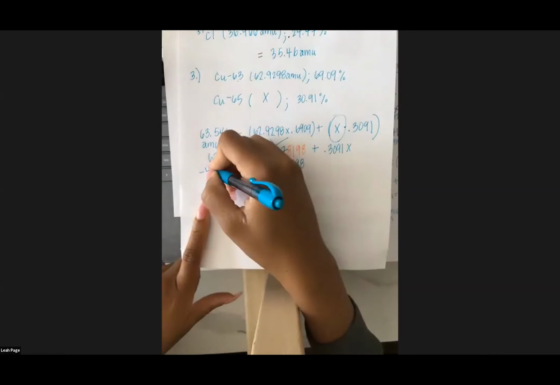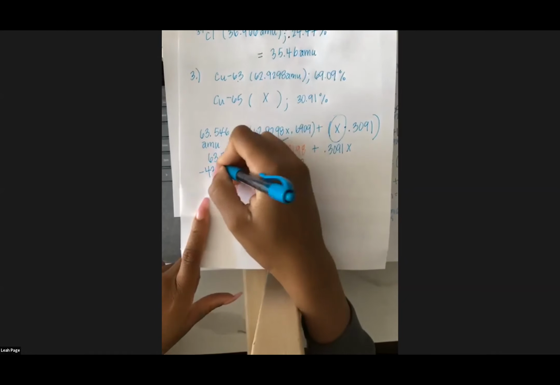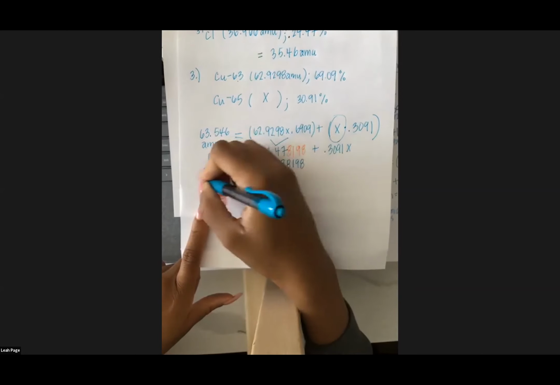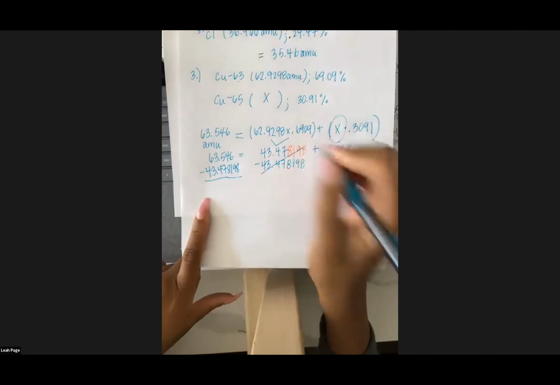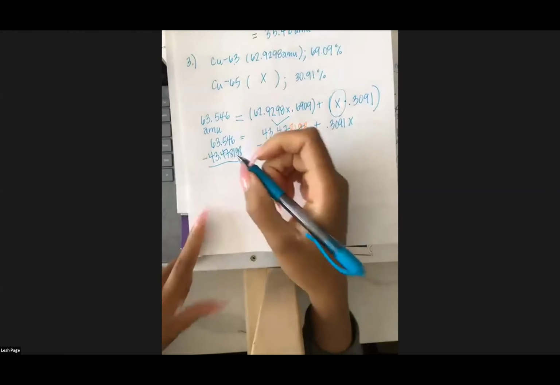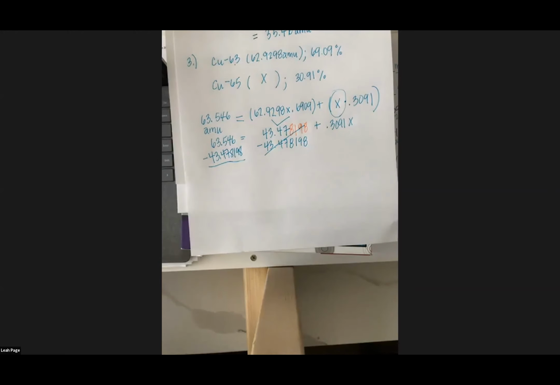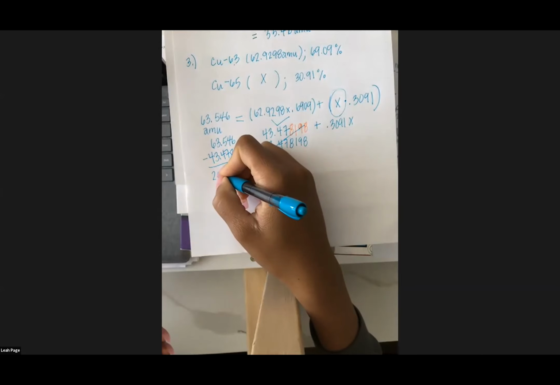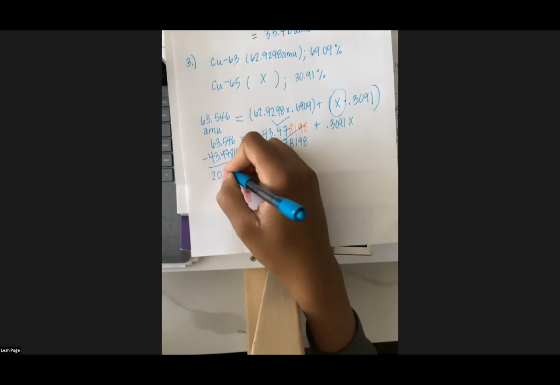What is this, 43? All right, when I subtract them from both sides, those two numbers cancel out. And I end up getting 20.06.